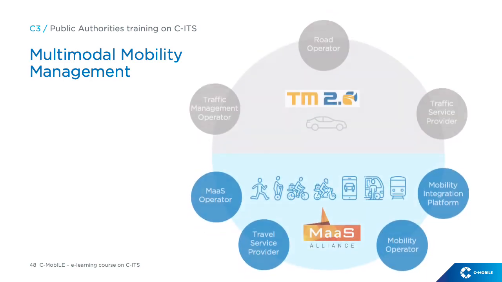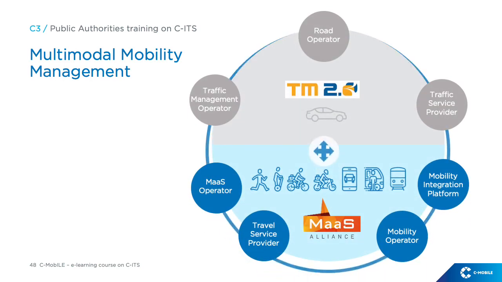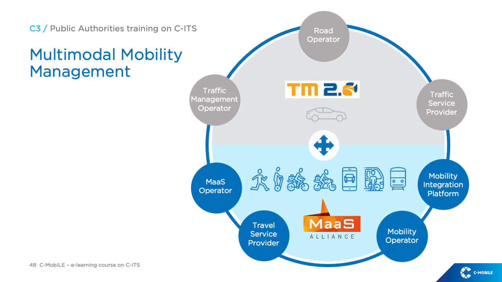Indeed, combining TM 2.0 and MaaS information, data sources, interfaces, and organizational processes, a more comprehensive approach towards multimodal mobility management can be built. This will be focusing on and empowering the efficiency and sustainability of mobility.